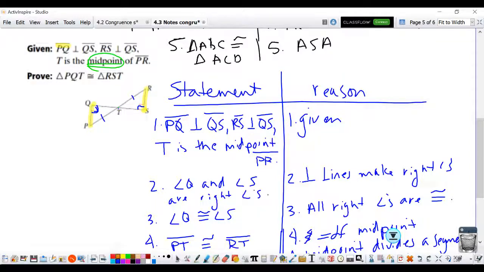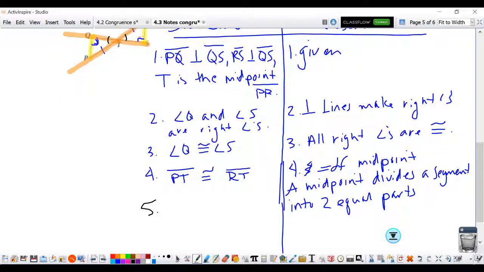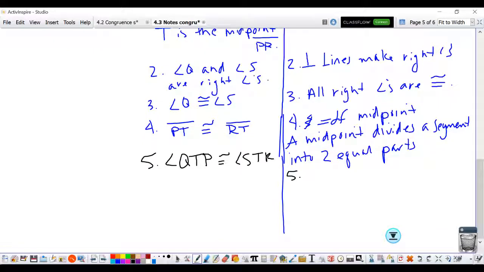And, ooh, I spy, do you see it? I spy vertical angles. When you have two lines that intersect, their opposite angles are congruent. So I can't say angle T is congruent to angle T because angle T makes four angles. So I can do angle QTP is congruent to angle STR because of vertical angles.